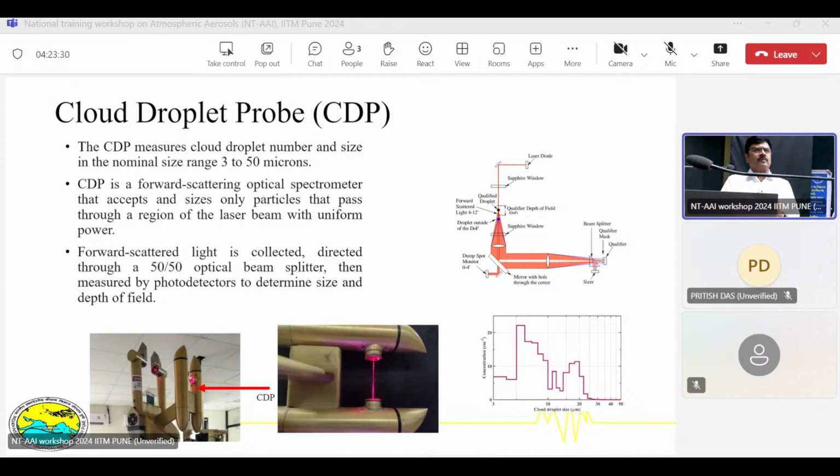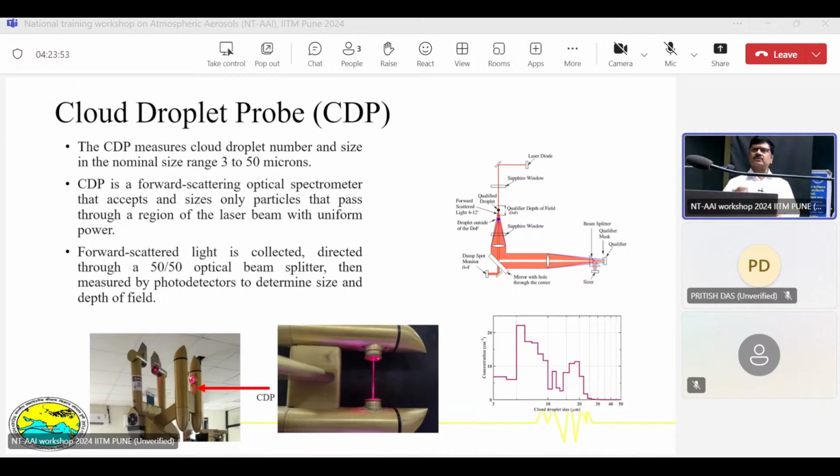Generally the molecular scattering is called isotropic scattering. It scatters uniformly in all directions, whereas in Mie scattering, the scattering is very much angular dependent. There will be high intensity in the forward scattering angles, and lower intensity in the backward scattering angles.